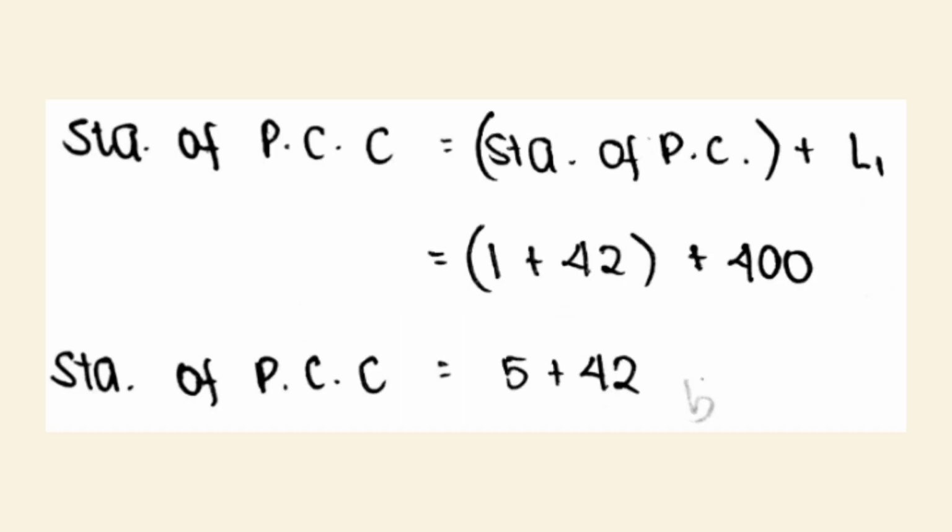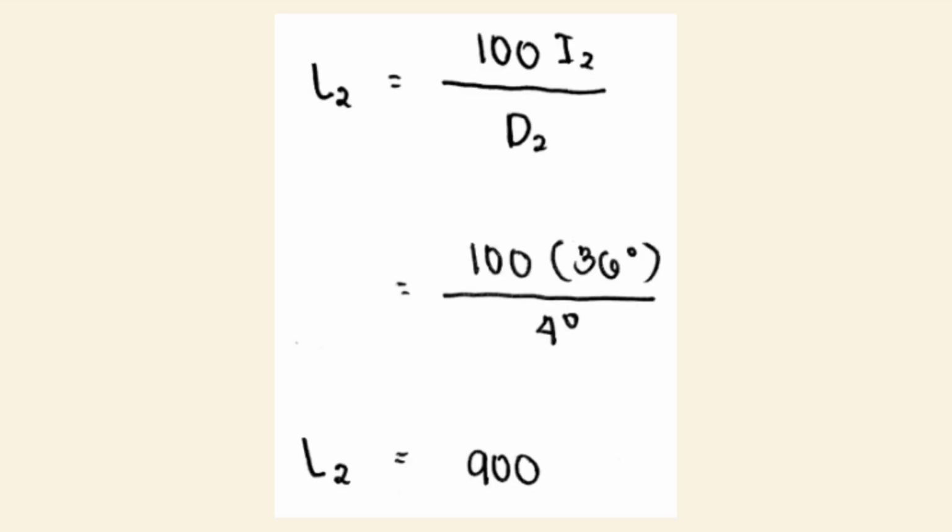The stationing of PCC is the sum of stationing of PC plus L sub 1. We have 1 and 42 plus 400 feet. So the stationing of PCC is equal to 5 and 42. For L sub 2, using the same formula, we have 100 multiplied by 36 degrees divided by 4 degrees.